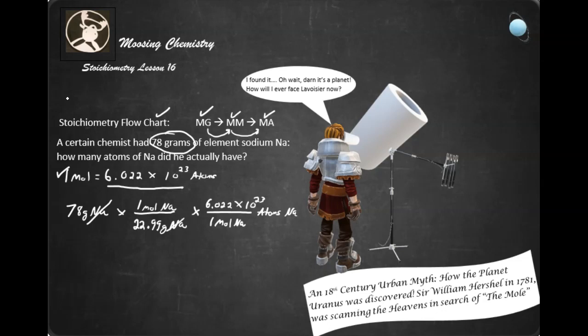So now what we're going to do is this. Grams of sodium are going to cancel out grams of sodium. So you're going to divide 78 by 22.99. Right, so let's get that on the calculator. I'm going to go 78 divided by 22.99. And that's going to give me roughly, let's see here, let's try this again.